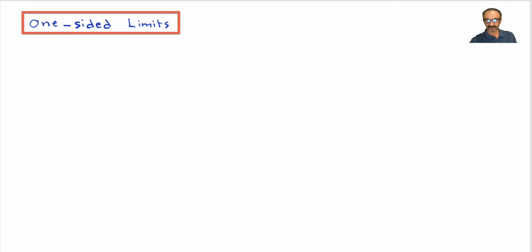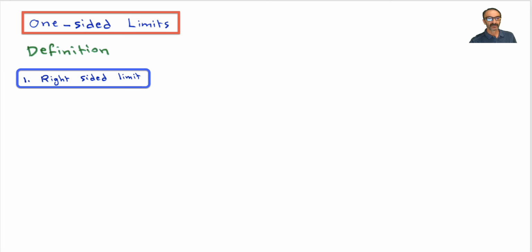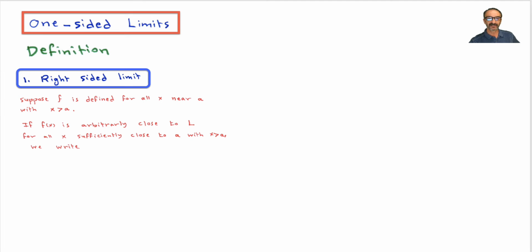One-sided limit. That's left and right. That's why we call it one-sided. Let's take a look at the right-sided limit first. Suppose f is defined for all x near a with x's being greater than a. You are to the right of a. That's why it's called right. f of x is arbitrarily close to L for all x sufficiently close to a with x greater than a.